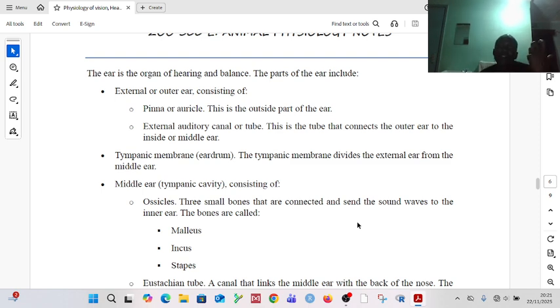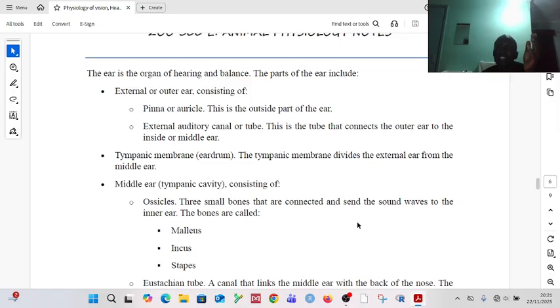So the external or outer ear consists of the pinna or the auricle. The pinna is the part a person can hold, like when you pinch your ears, whatever you can hold from outside. Then the tube or the hole or the canal, okay, that is now what is connecting the outer ear to the inside of the middle ear. The tympanic membrane is the eardrum.